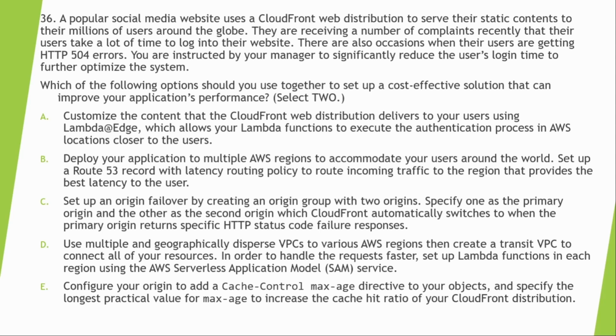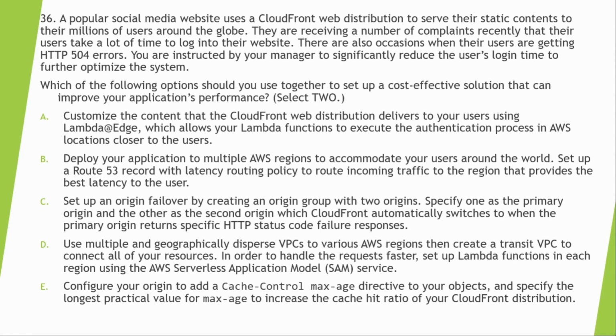With this, you can also add an additional setup of origin failover by creating an origin group. You can read more about it in the CloudFront documentation of AWS Docs. If you use that, CloudFront will automatically switch to a secondary origin when the primary origin fails. So this will not allow the 504 errors that users are experiencing.